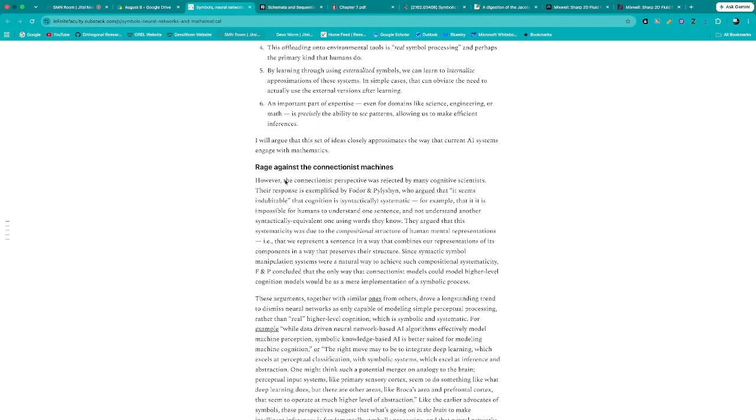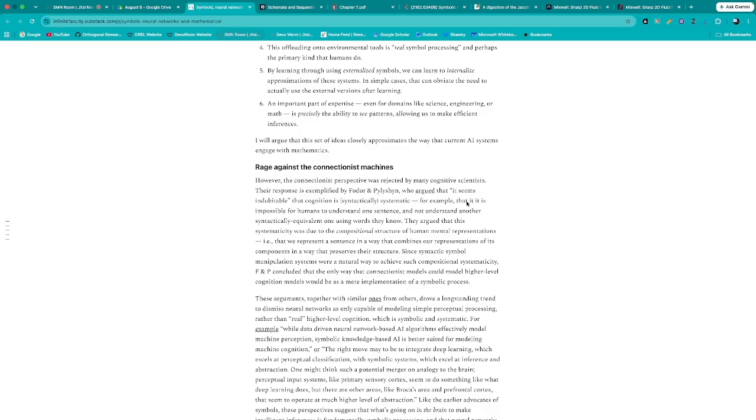So this is Rage Against the Connectionist Machines, and it's about the Fodor and Pylyshyn critique of connectionism. Fodor and Pylyshyn rejected connectionism, and they argued that it seems indubitable that cognition is syntactically systematic.